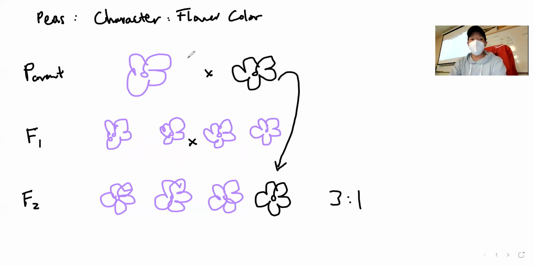So let's start off with the first generation, the parent generation. Mendel is going to get a purple flower from a lineage that's called a purebred. What does it mean if a dog is purebred? If it's a purebred husky, what does that mean? It's all husky? Yeah, that means it's 100% husky, right? Its parents and all the generations back, it's always been a husky as far as we know. That's purebred.